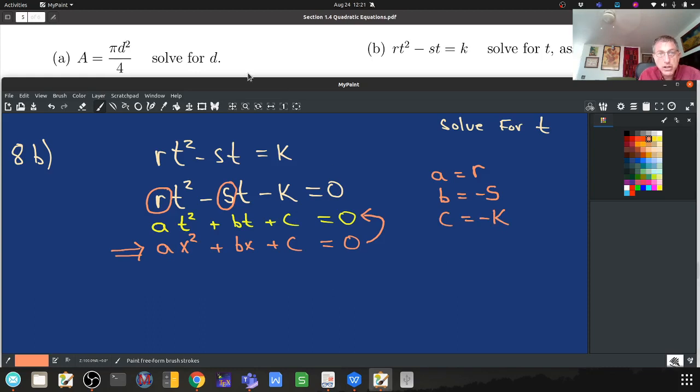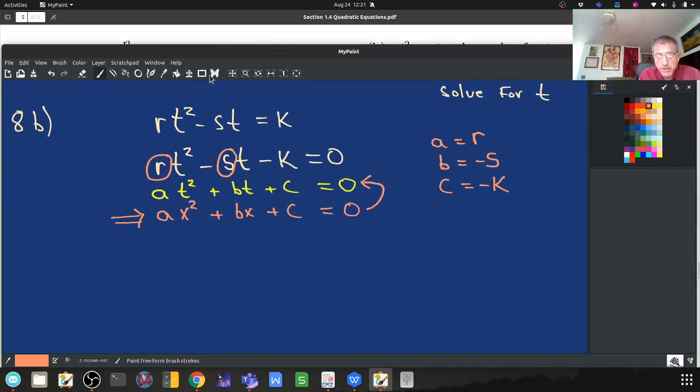So now I'm ready to use what? I only have one choice here. It's the quadratic equation, but then I don't have to worry about simplifying it. So x is equal to minus b plus or minus the square root of b squared minus 4ac over 2a.